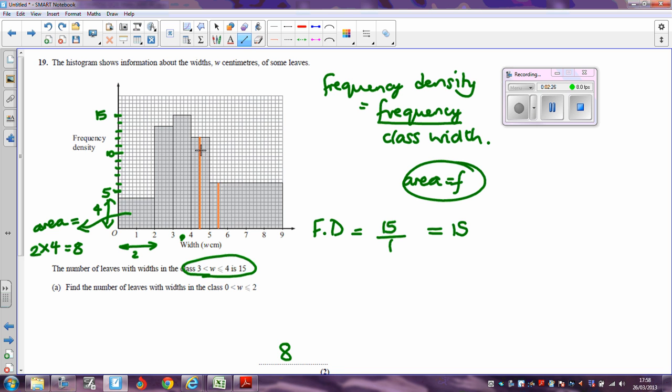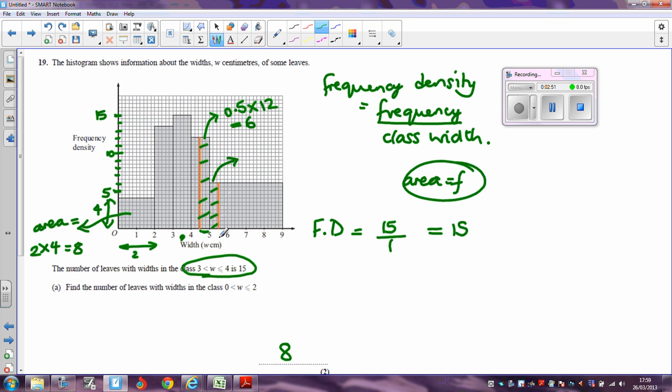So we're trying to work out the area in between these two orange lines. In other words, we want to find this area here, and this area here. For this area here, the width of this rectangle is 0.5, and the height of it is 12. So the area is 0.5 times 12, which is 6.